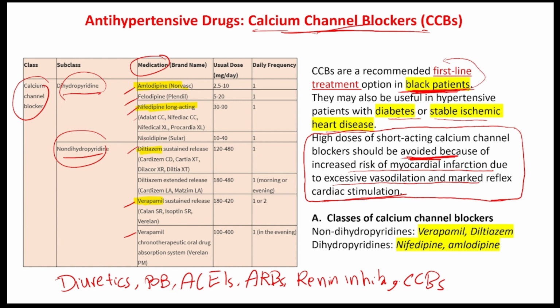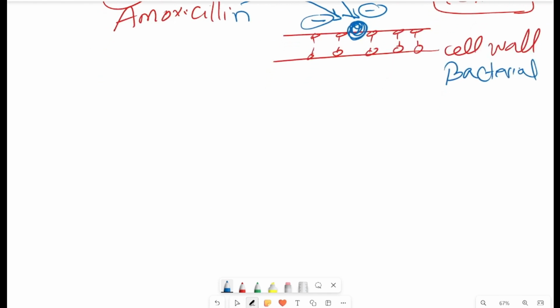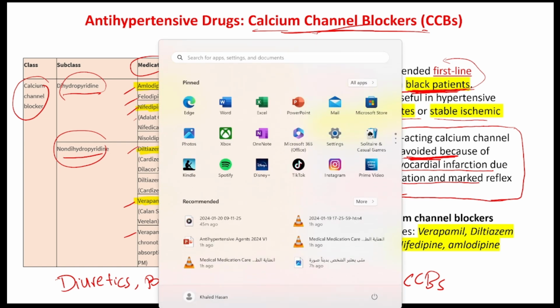For example, short-acting nifedipine. We don't prefer to use it because it may cause myocardial infarction due to reflex cardiac stimulation. Let me go to the whiteboard.